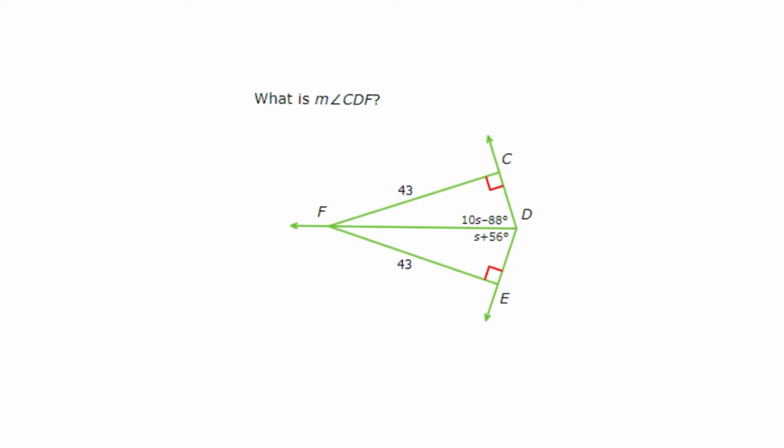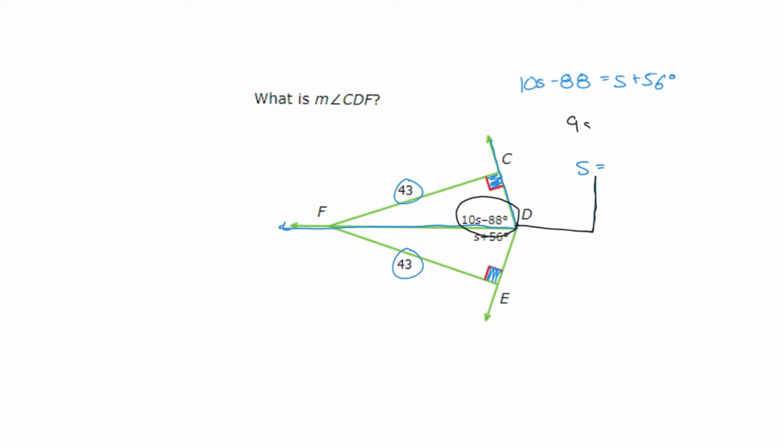What is CDF? They're looking for CDF. What's given to you is that you have two congruent segments perpendicular to the sides of the angle. We've been speaking about that throughout. So I can set up my equation and solve for S. Once I get S, since I am solving for CDF, I would plug it in to here.